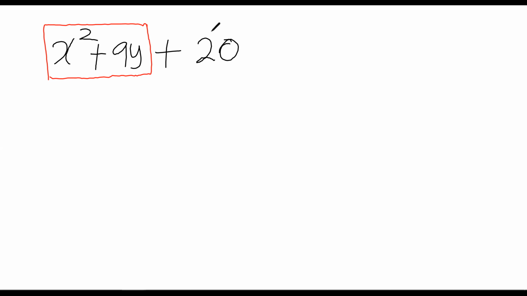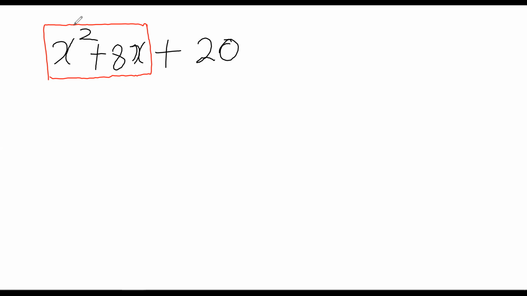I try to complete the square with the x, not y. Oh no, let me take a nice number here, not 9, let me make it 8x. We will take something like 9x later, okay?